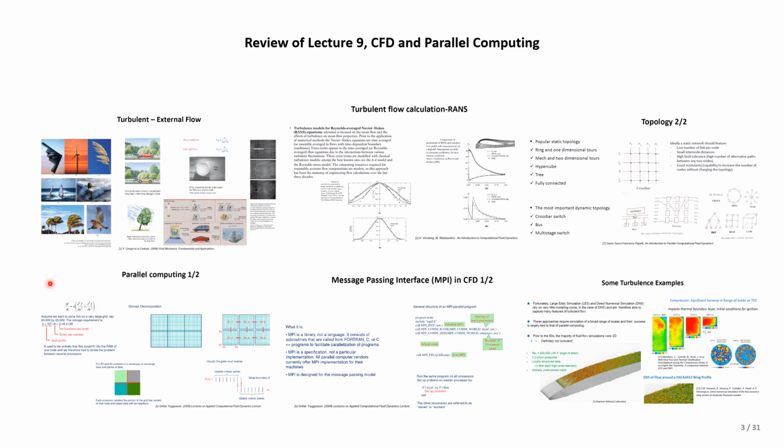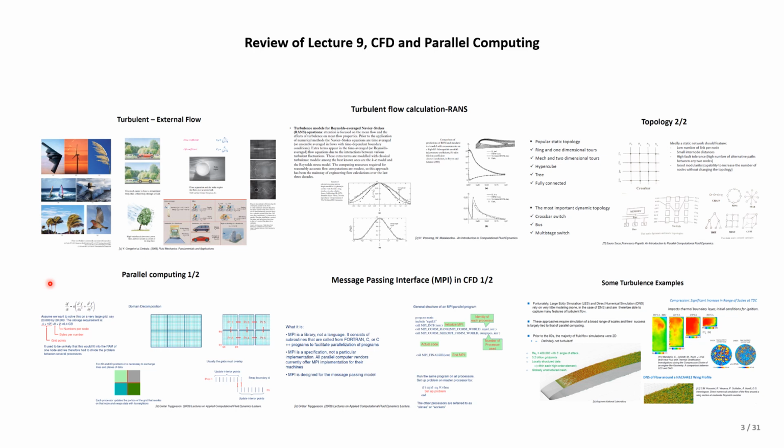Then we had an example of parallel computing for a very simple heat transfer domain in CFD, and we presented how we can do decomposition on the domain, split subdomains between different processors, and use parallel computing to solve the problem.